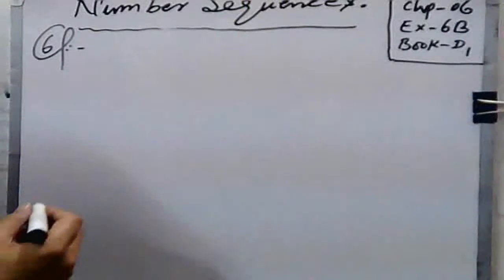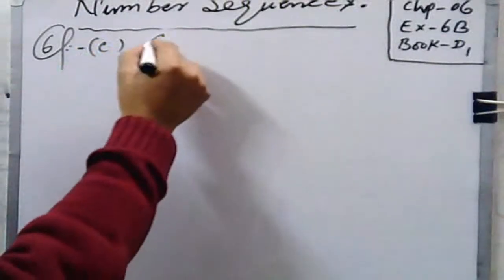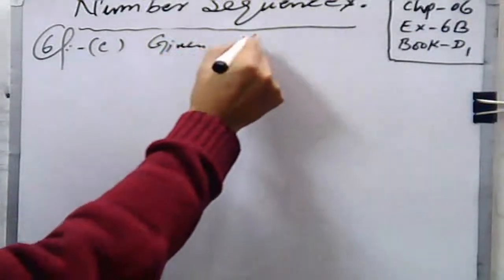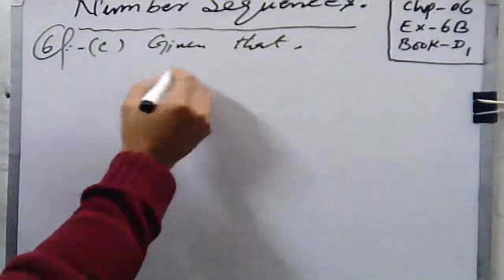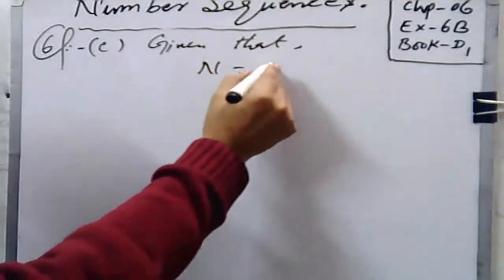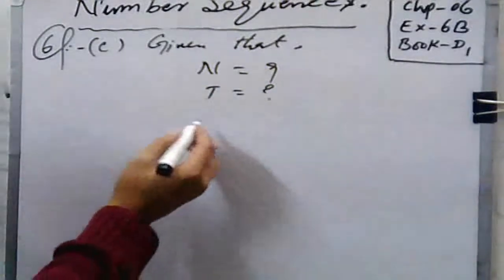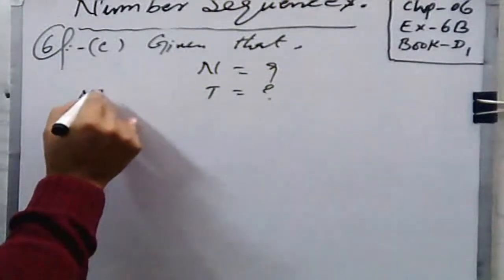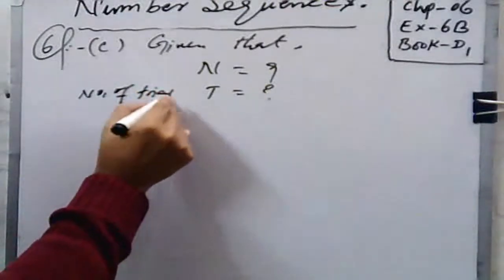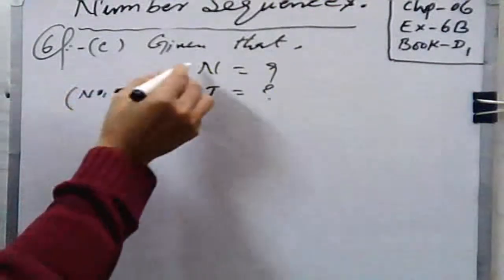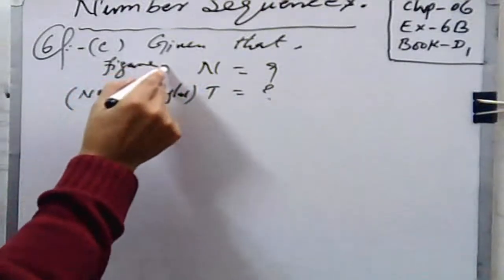In C part, once again, it is given, if you read the statement, that n is equal to 9, we have to find the value of T. What is T? T is the number of triangles, and n is the diagram number or figure number.